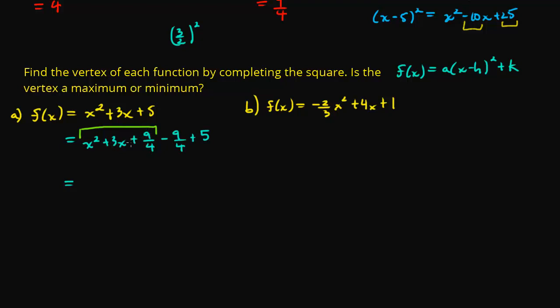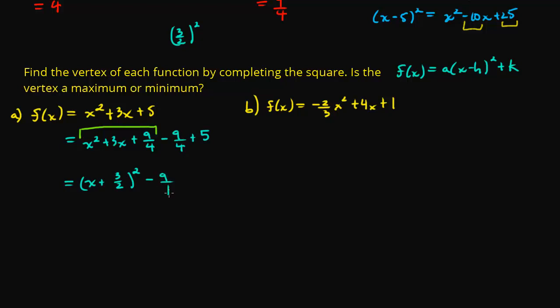So that's how you figure out whether it's a perfect square trinomial. And in this case, it is, because we've set it up that way. So x squared plus 3x plus 9 over 4 factors to x plus 3 over 2 squared. And then outside the bracket, I have negative 9 over 4 plus 5.